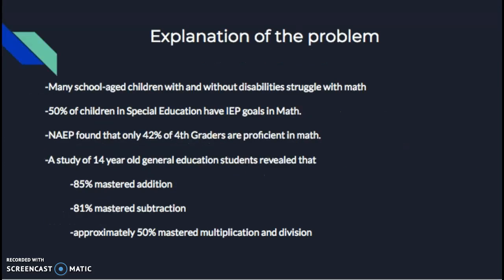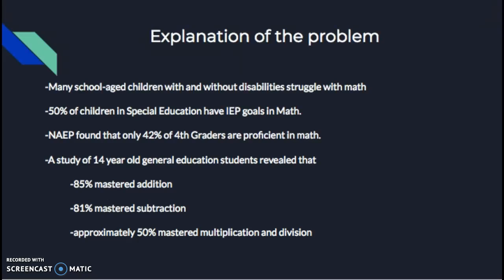Okay, so the explanation of the problem, or the purpose behind the study, as I told you in the beginning, was that they had some of these studies conducted for reading, especially oral fluency, using the BEA method, but there weren't very many for math fact fluency. The researchers determined that many school-age children with and without disabilities struggle in math. 50% of children in special education services have an IEP with a math goal.